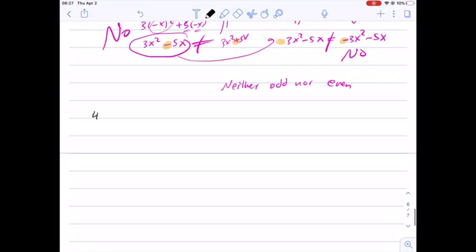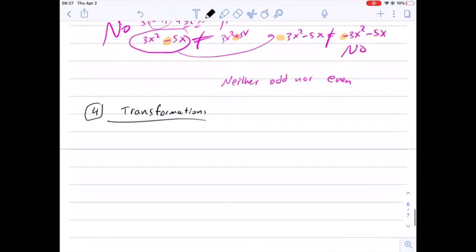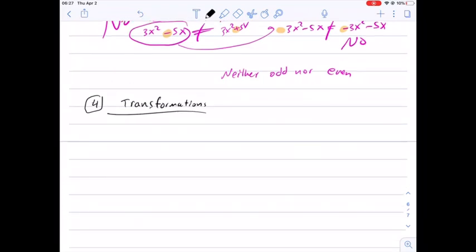Okay, now the last thing here, and that's the most important thing, is the transformations. What do we mean by transformations? In most cases, when we have functions, we have the basic functions that are modified.